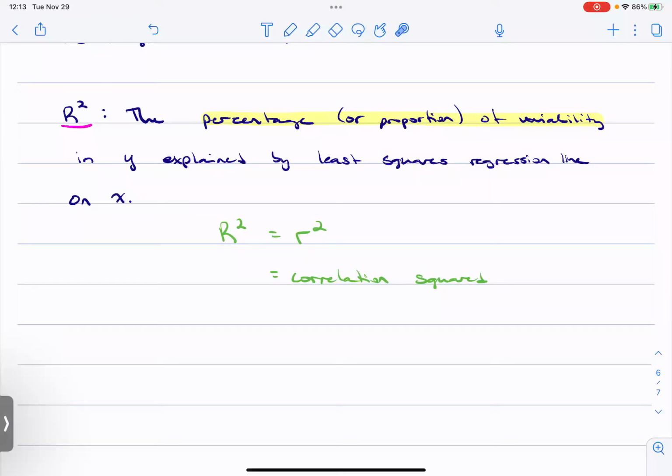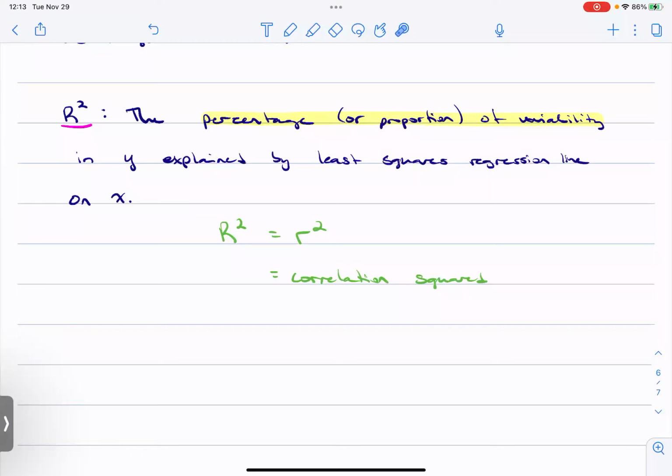A high R squared, so close to 1 or 100%, just think about it: correlation goes from -1 to 1. When I square a negative value, it becomes positive, putting R squared between 0 and 1, and that's why it can be a percentage.